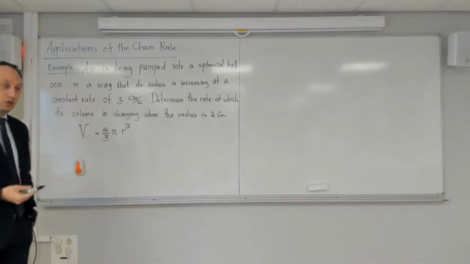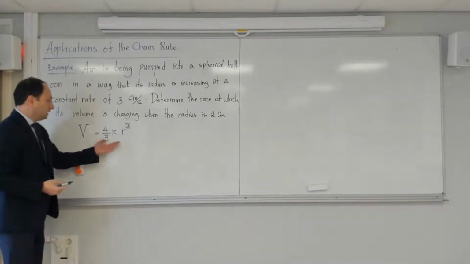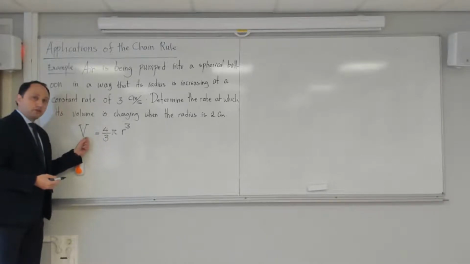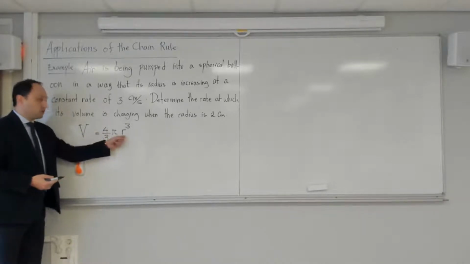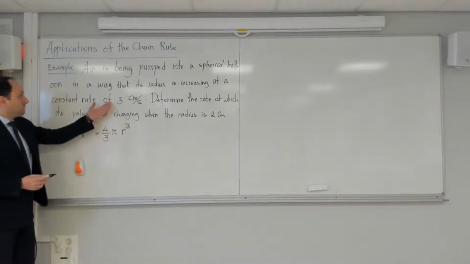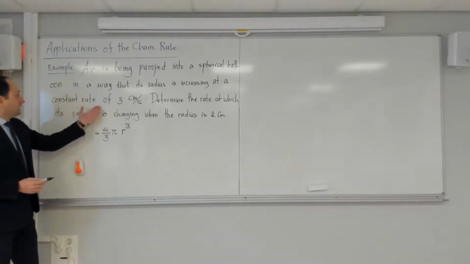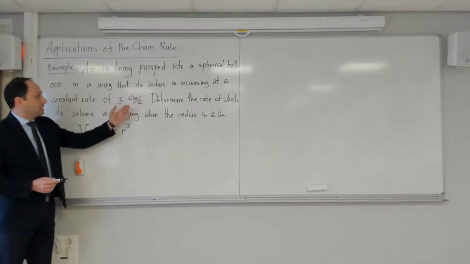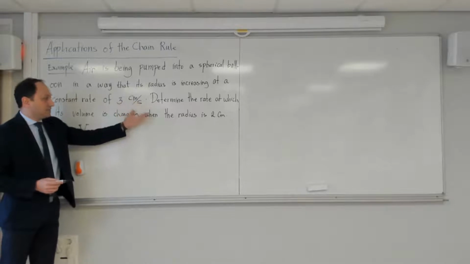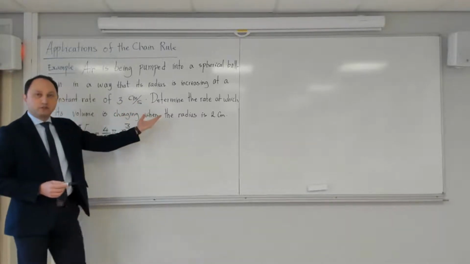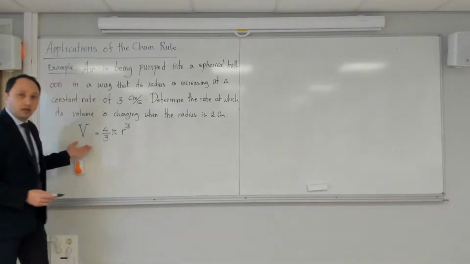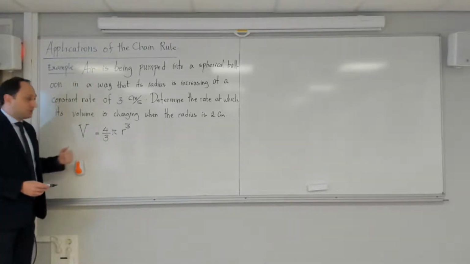This is what we know. This formula establishes the dependence of volume on radius. But by reading this problem, the rate of increase of the radius is 3 centimeters per second. So another quantity involved in this problem is time, and there is no track of time in this formula. So what does it mean?